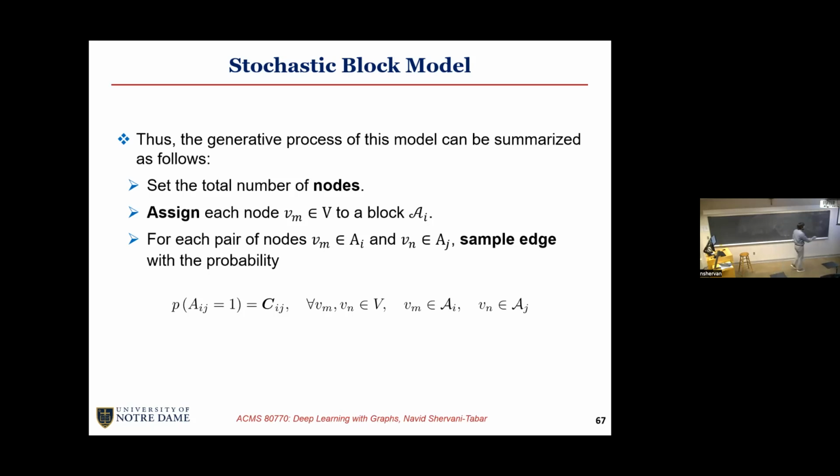So let's say it's something like this. It means that with probability 0.3 it belongs to P1, with probability 0.2 belongs to P2, with probability 0.5 belongs to P3.